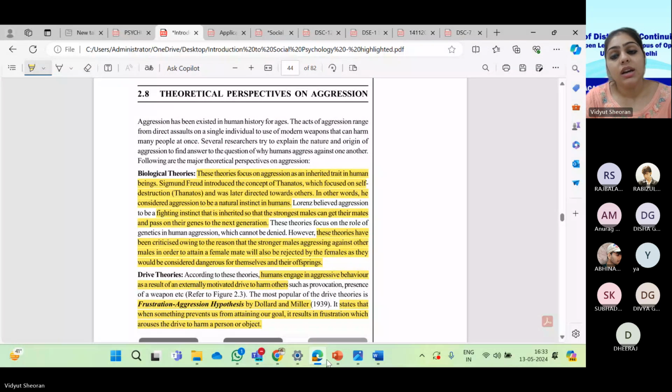So, let us go through some of the biological theories for understanding aggression. These theories focus on aggression as an inherited trait in human beings. मतलब हमारे अंदर जो aggression है वो पैदाइशी है, हमने सिर्फ सीखा नहीं है ये.